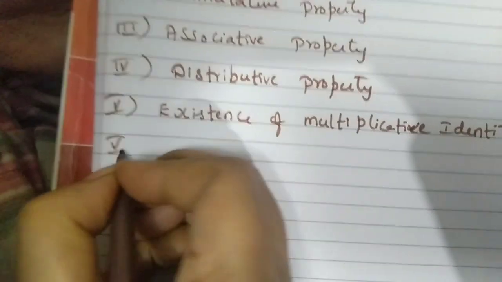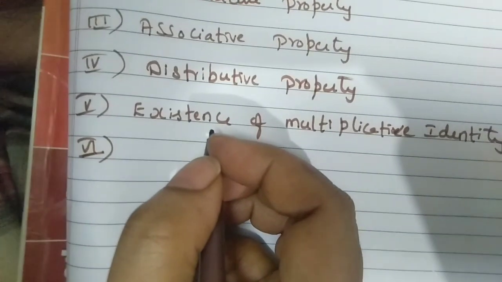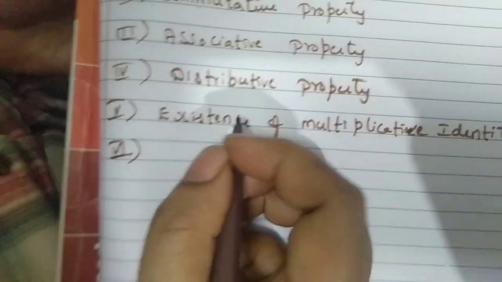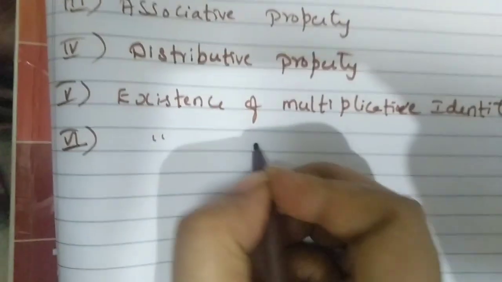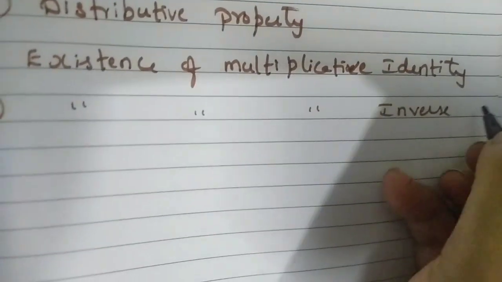The last one is existence of multiplicative inverse. Let's check these things out in detail.